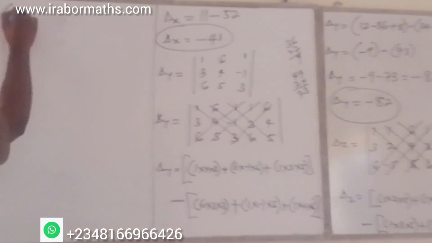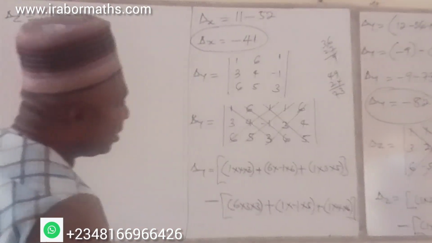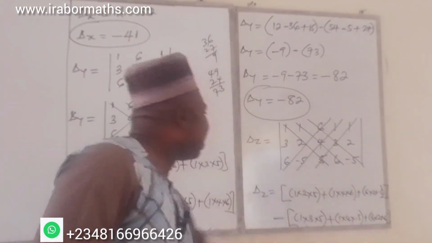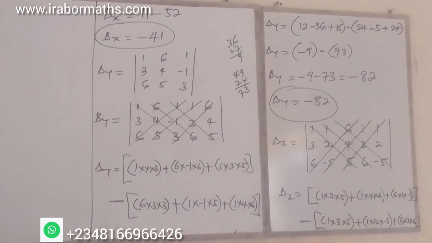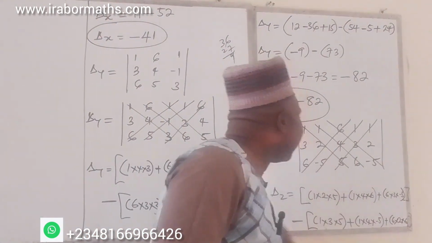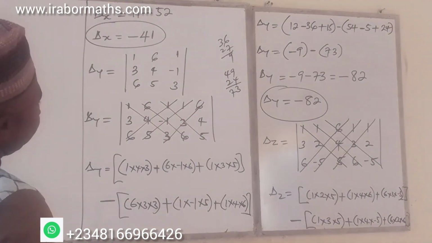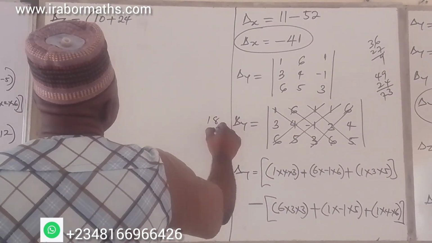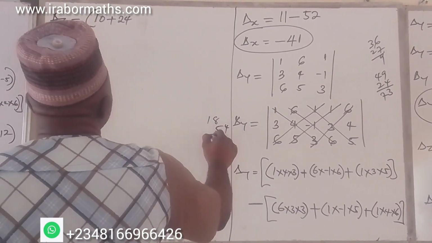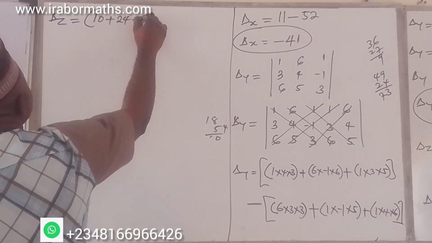So there we have 10. We have 1 times 4 times 6, that's 24. So here we have plus 24. Then here we have 6 times 3 times minus 5. So 6 times 3 is 18 times 5, this is 90. So here we have minus 90.